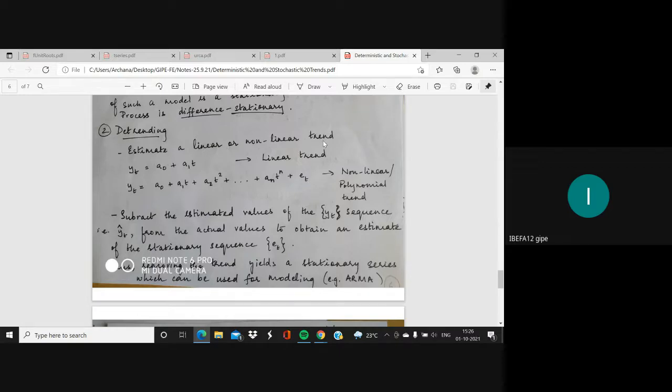In our case, when we did the practicals, we decomposed the time series using moving averages, extracted the trend, and used that trend to detrend the time series. But in general, either you estimate a linear time trend or a non-linear time trend, which means that you will have polynomial terms, t raised to the power 2, 3, 4, and so on.